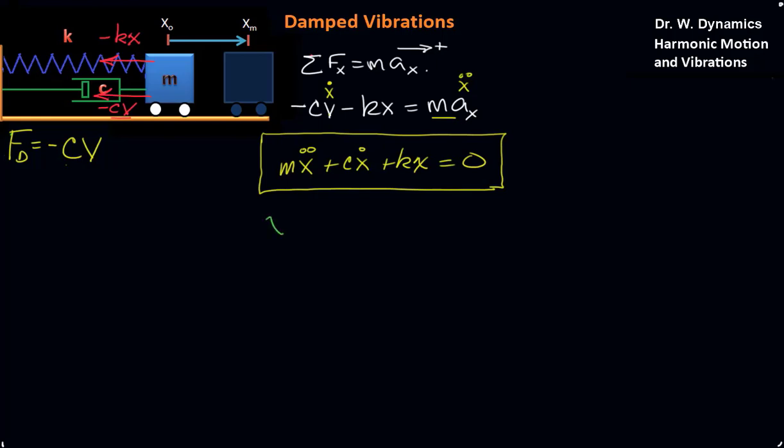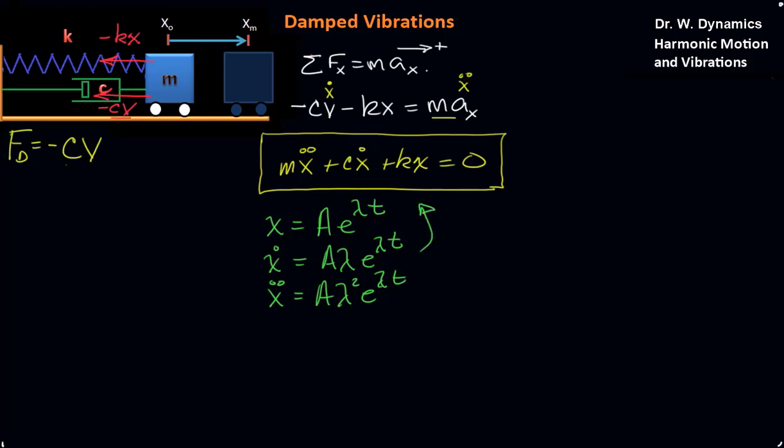We know the solution will take on some form of x is equal to a e to the lambda t, where x dot will be a lambda e to the lambda t. X double dot will be a lambda squared e to the lambda t. And if we plug these terms all in, we get m a lambda squared e to the lambda t plus c a lambda e to the lambda t plus k a e to the lambda t has to equal 0.